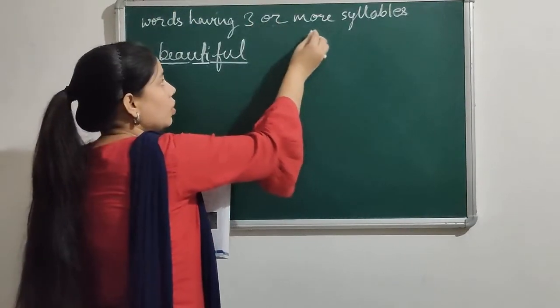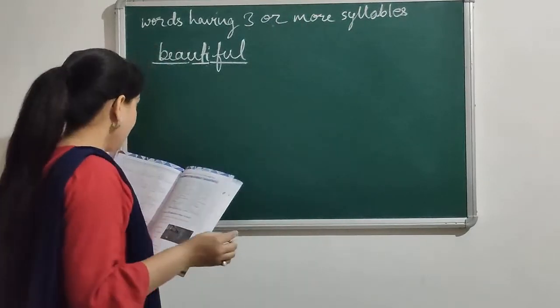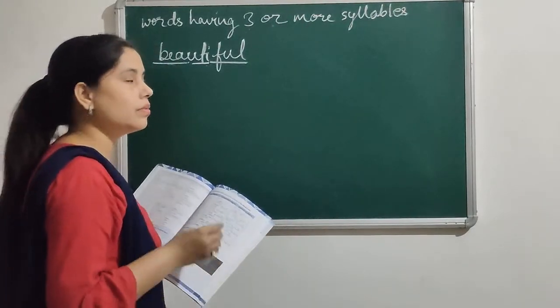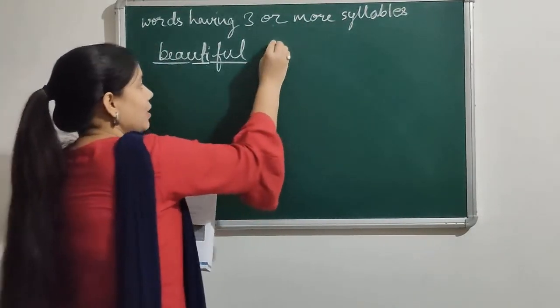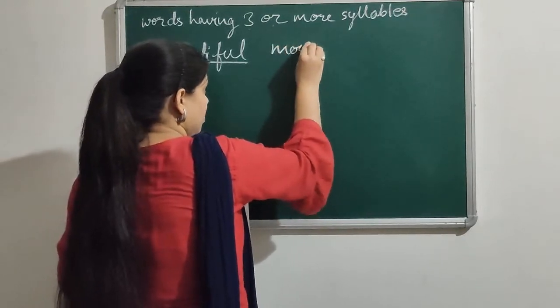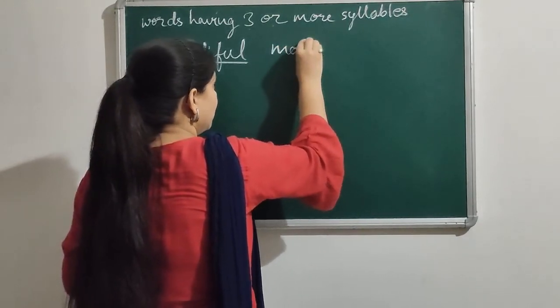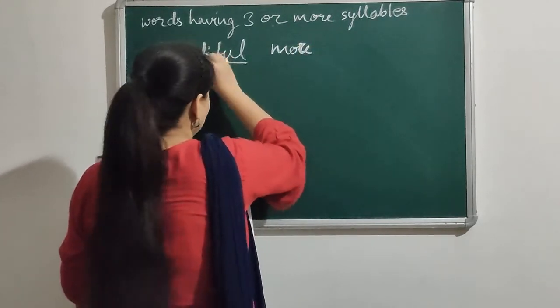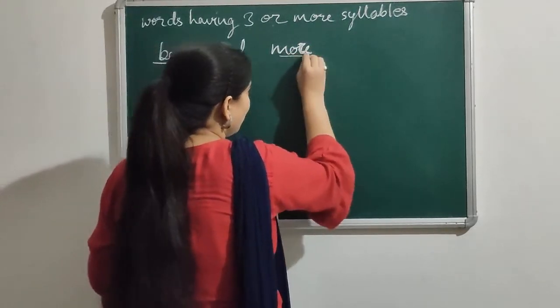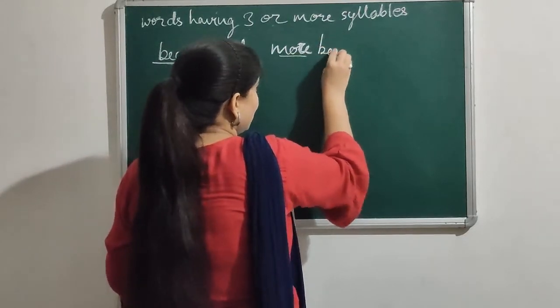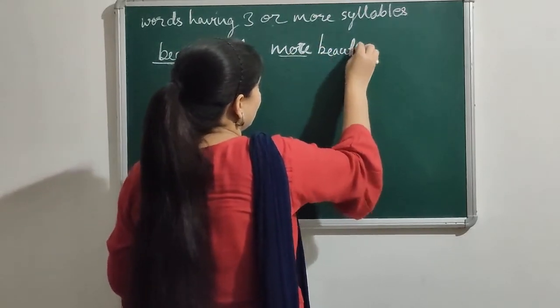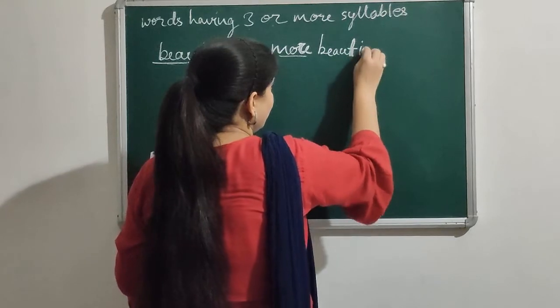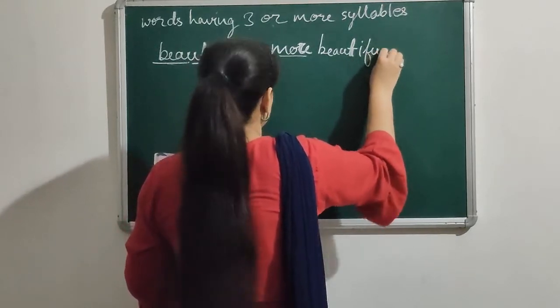For words with three or more syllables, we will add more to the word to form its comparative degree. Like with the word beautiful, we will add more to make its comparative degree, so this word will become more beautiful.